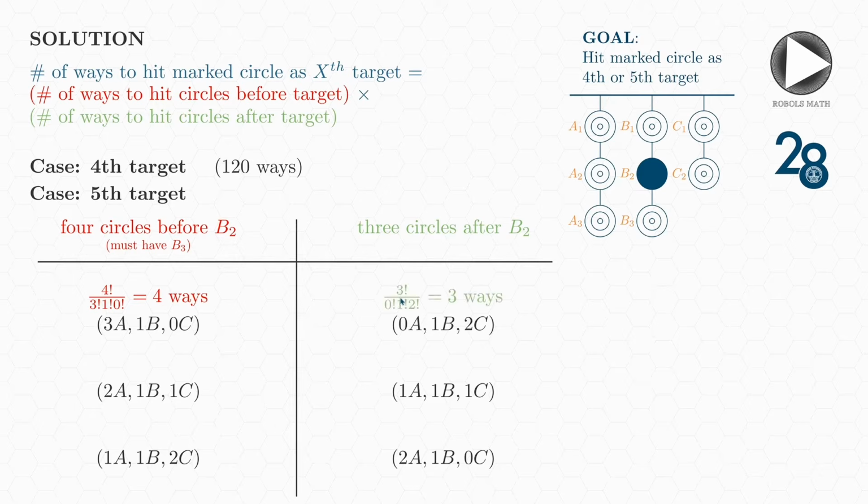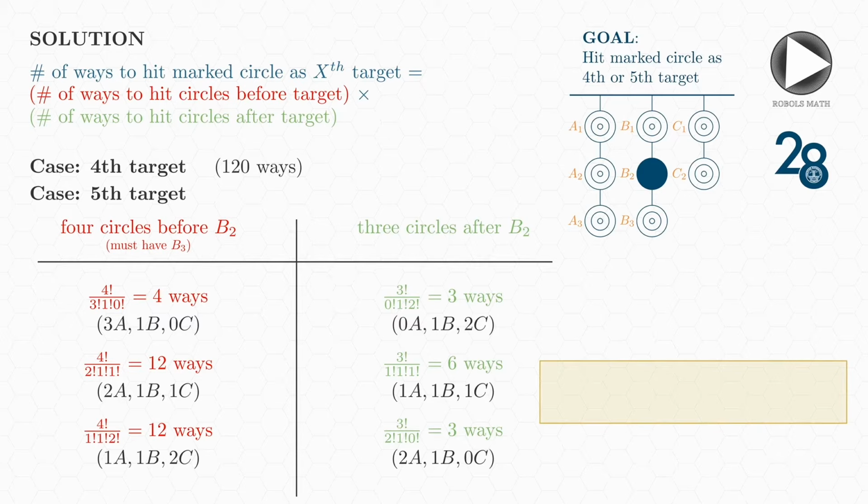Then the right side will be 3 factorial over 0 factorial, 1 factorial, 2 factorial, and so on. Do the same for all. The numbers are not that big, so it should be easy to calculate. And then ultimately, again, we multiply the red with the green and then add them up. So the total for the fifth target is 4 times 3, 12 times 6, 12 times 3, for a total of 120 as well.